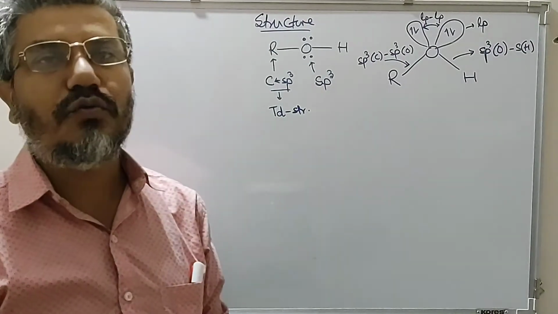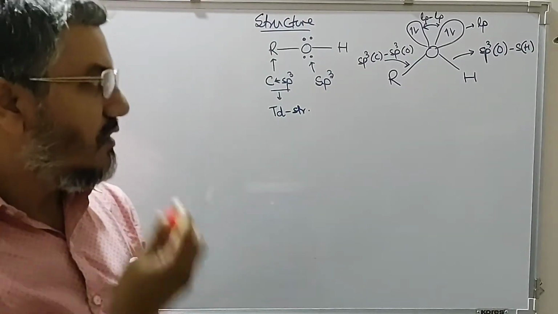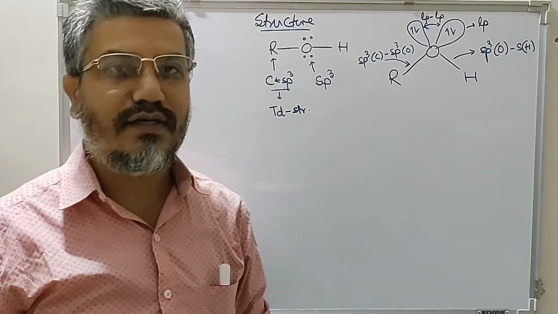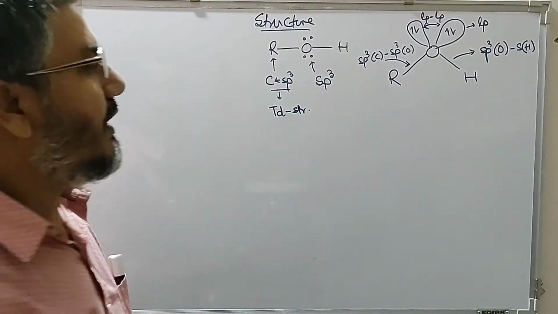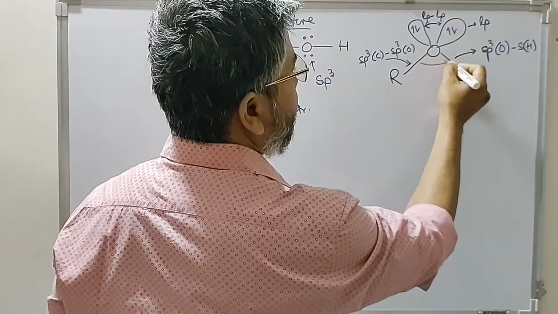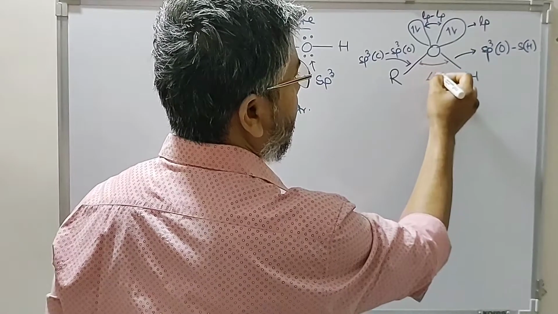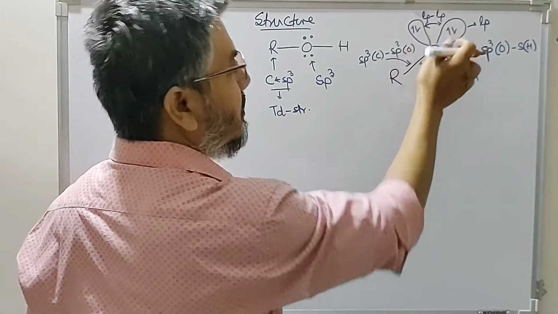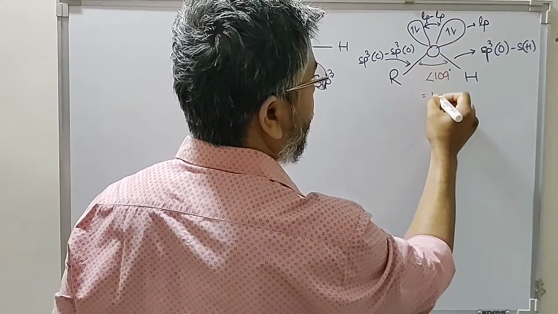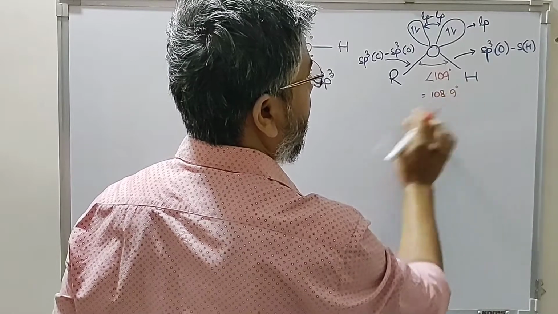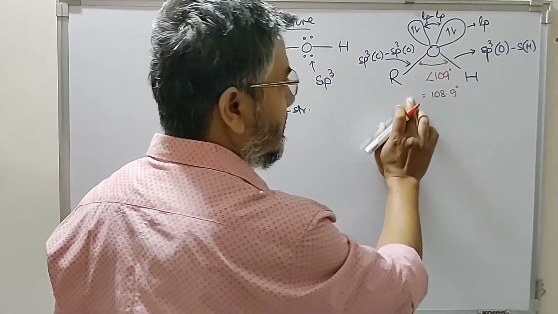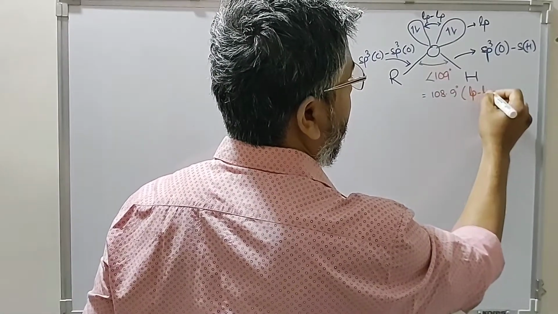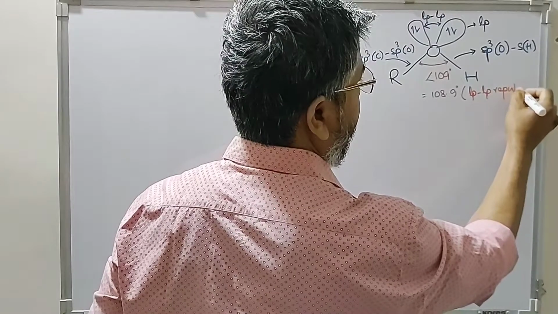Because of this lone pair repulsion, the bond angle, which was supposed to be 109.5, that is perfect tetrahedral angle, for this ROH bond is less than 109 degree due to this lone pair repulsion, and in fact this bond angle is approximately 108.9. So this is less than tetrahedral angle, and we say this is due to lone pair repulsion.